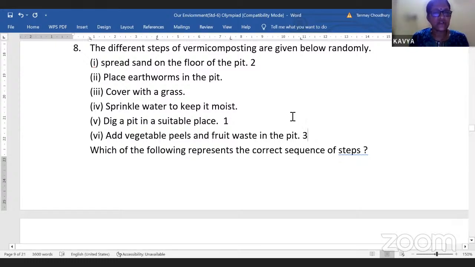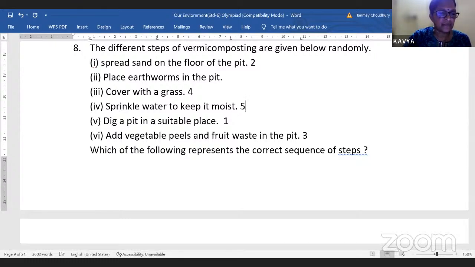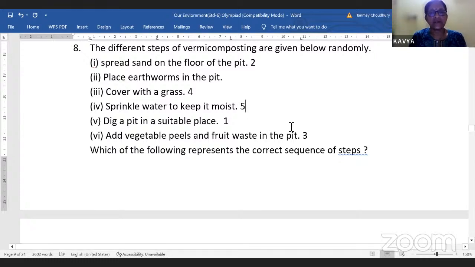And we have to cover this with grass. This will be 4. Then we have to sprinkle some water to keep it moist. This will be 5. And then we have to add some earthworms.